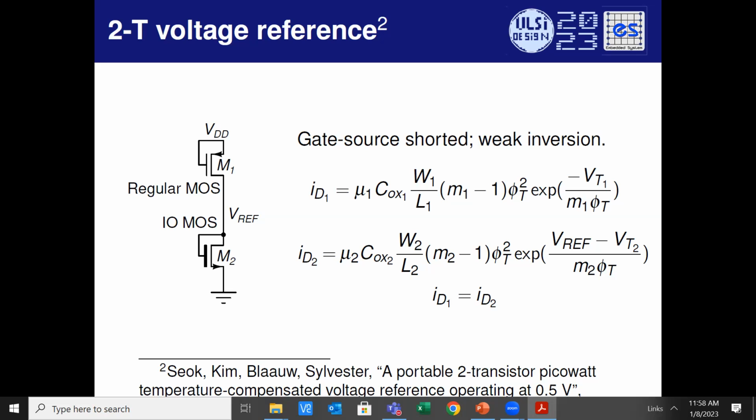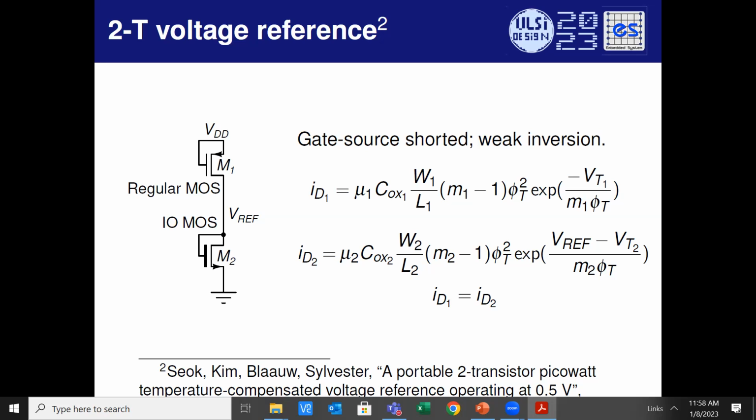Now what Mingu Seok and the co-authors figured out is that you can build a voltage reference out of this, provided these 2 devices are of different flavors. This is the catch. They can't both be PMOS, they can't both be NMOS.